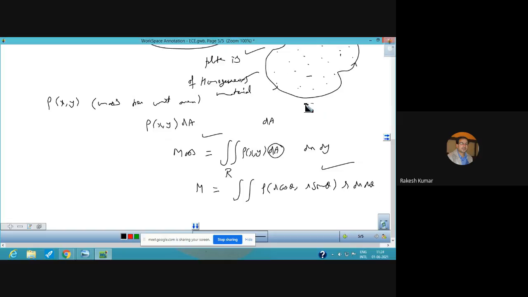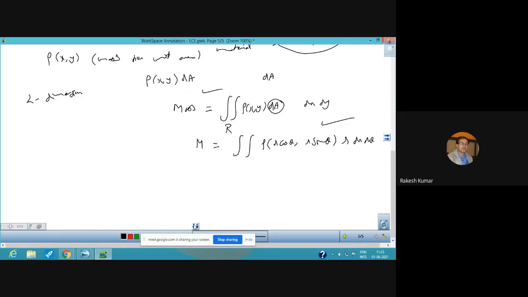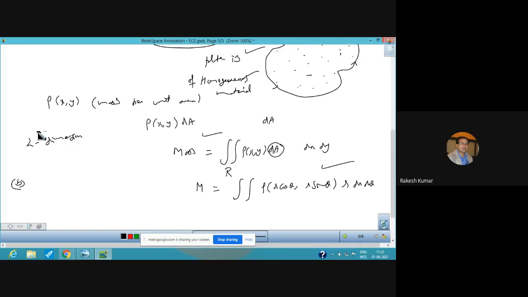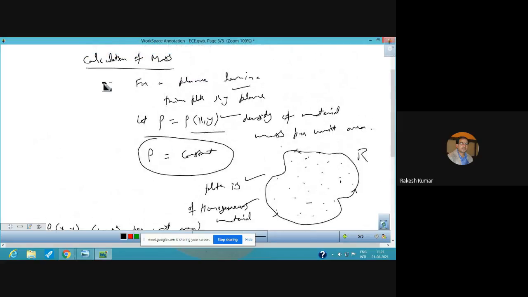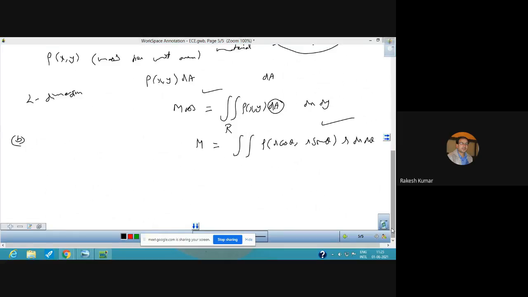A lamina is obviously a two-dimensional surface, a two-dimensional figure. This is the first case, of a lamina. A lamina is a 2D surface.